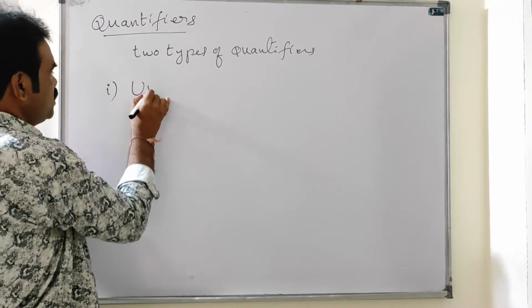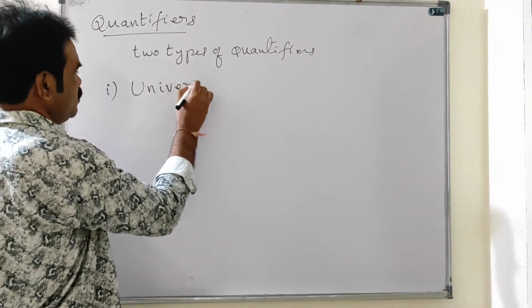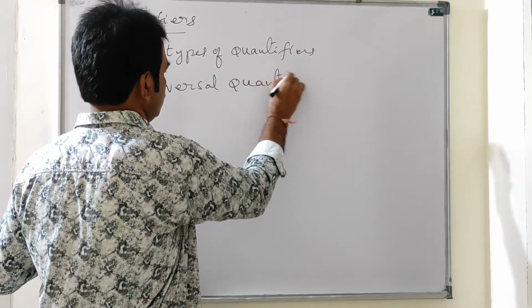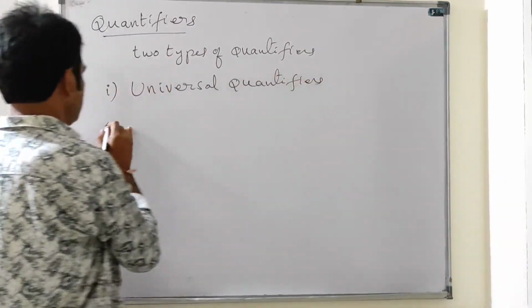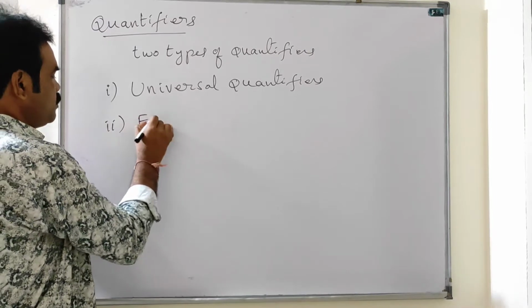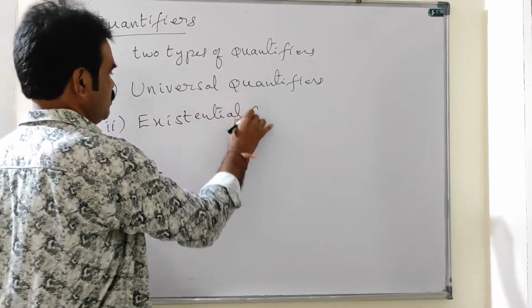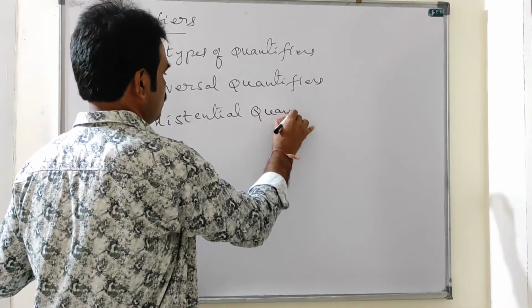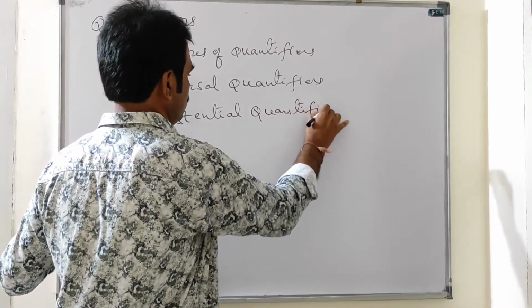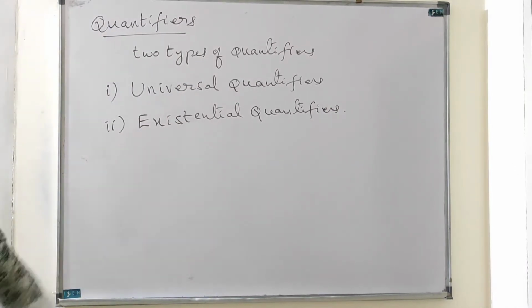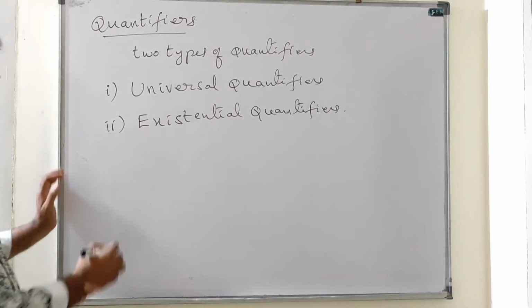First one, universal quantifiers. Second one, existential quantifiers.